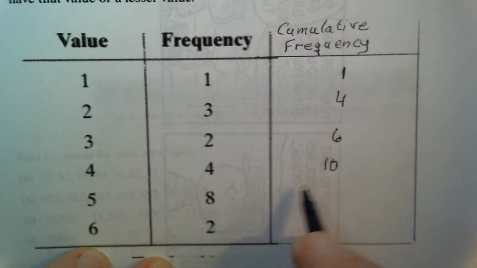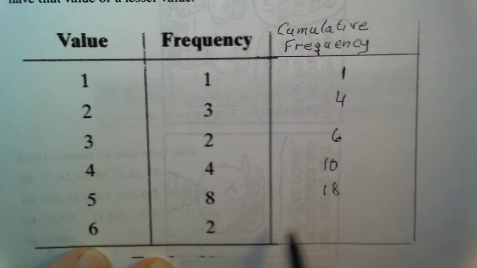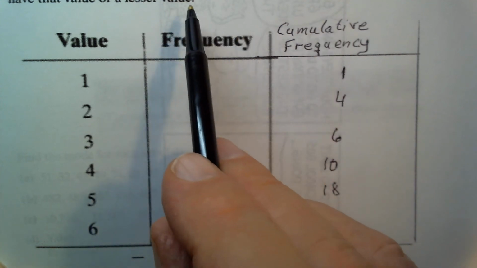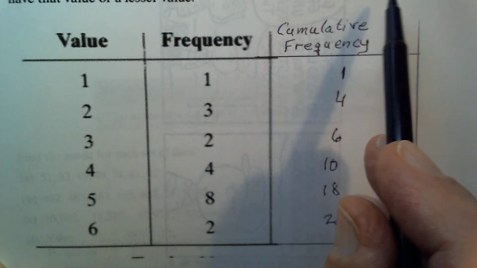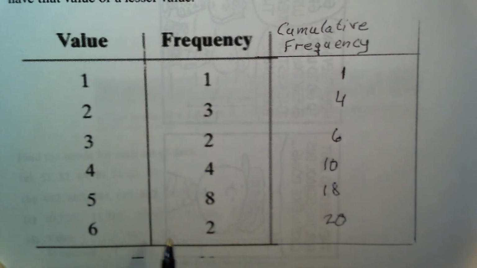We add the 8 to the 10 to get an 18. And then the 2 to the 18 to get a 20. So in other words, this tells us for each value how many items have that value or a lesser value.